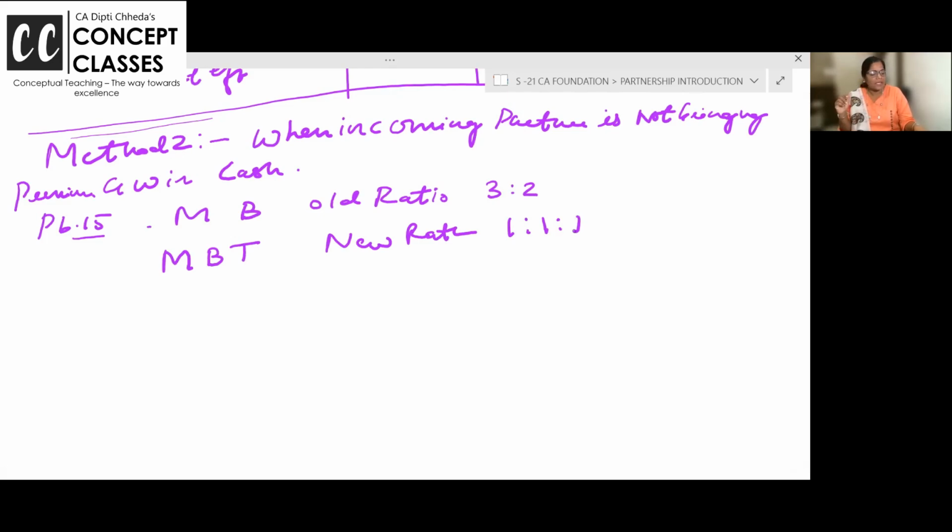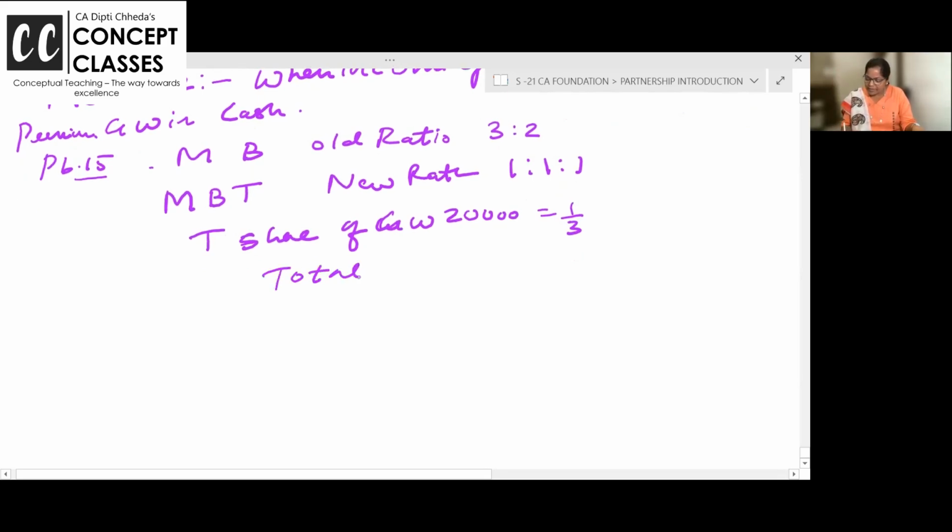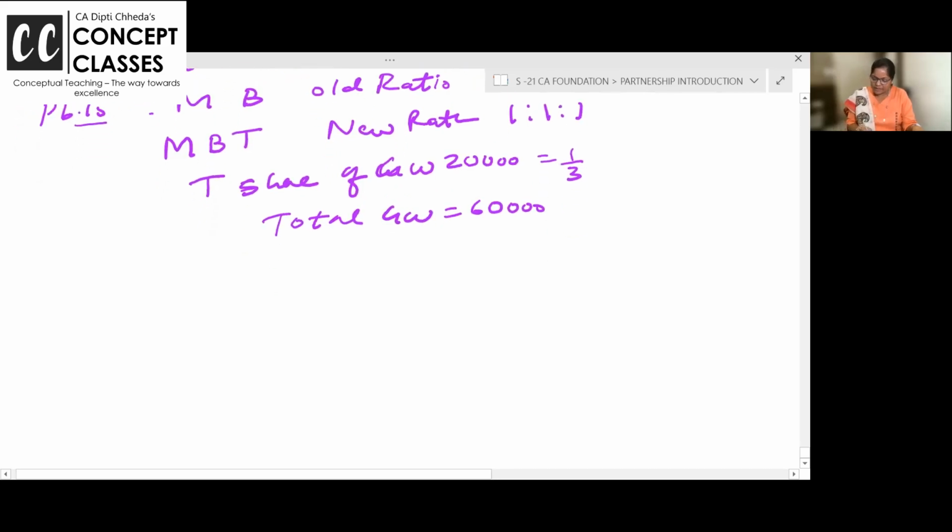So ho gaya, clear. Now premium for goodwill is 20,000. T's share of goodwill, write down. T's share of goodwill is 20,000 for 1/3 share, but he's not bringing goodwill in cash. So can we raise and write off the total goodwill 60,000? Answer is yes.